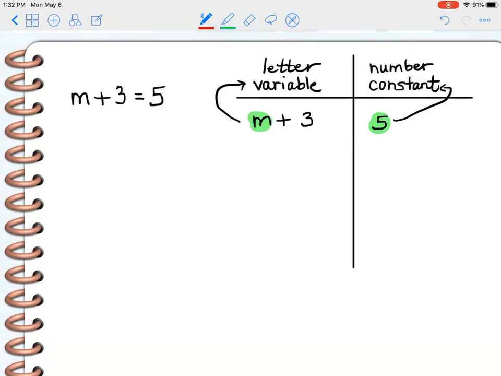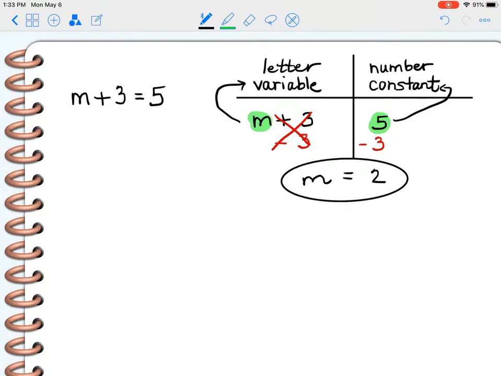You need the inverse, the opposite, which is a minus 3. And you do that to both sides and cancel. So you're left with M, and 5 take away 3 is 2. If you need your calculator there, that is fine. Use your calculator wherever you need it. So your solution to this equation is M equals 2.